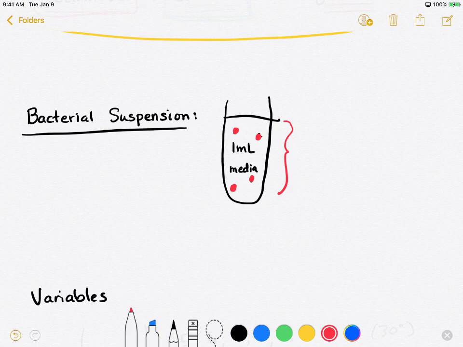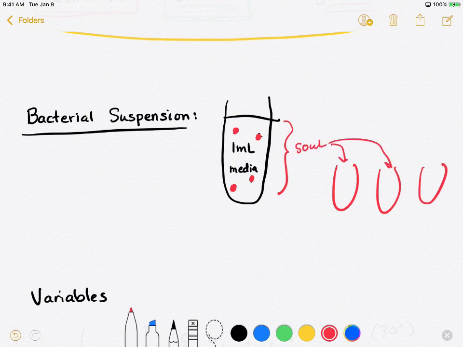This allows us to know that if we are going into new tubes, we always get exactly the same amount of bacteria into each of the new tubes. Unfortunately, if we had just picked up single colonies and inoculated new tubes, we may have gotten varying amounts. So this was a way of making sure that when we inoculated new tubes today, we were always getting the same amount of bacteria added to each of those tubes so we could then compare them.